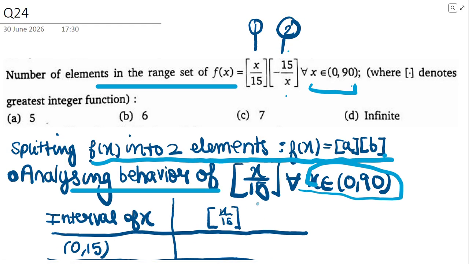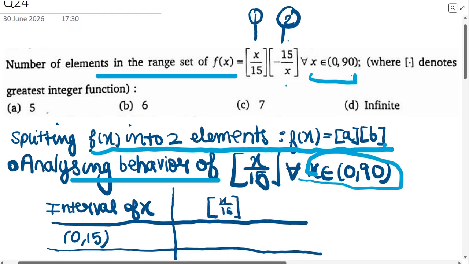For all values of x which are less than 15, this greatest integer part will show values less than 1, and for all values between 15 and 30, it will have values between 1 and 2. So this whole bracket is showing different behavior at all multiples of 15, right?